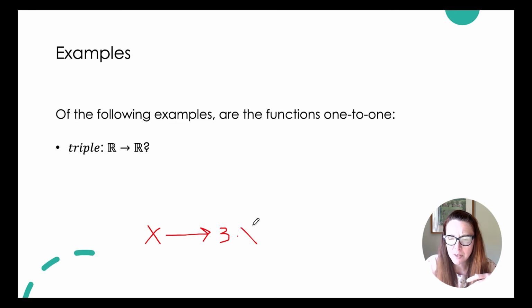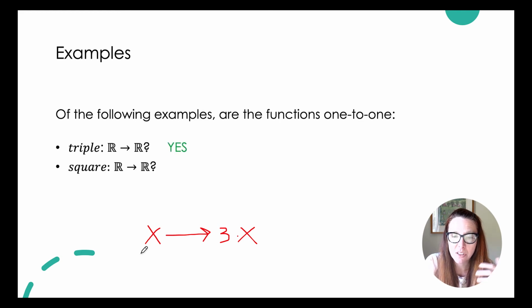What we want to know is that for every value in the codomain, is there at most one way of getting there? Sign is preserved, the value that we map to is unique, and so there's at most one way that you can arrive at that location. And so this is a yes. Yes, the triple function is a one-to-one function.